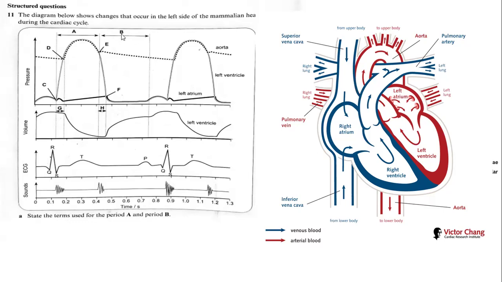B is the ventricular diastole, but it's the same word in front of it, so it's not different words. Remember, this is the left side of the heart. So B is the ventricular diastole. What is A?